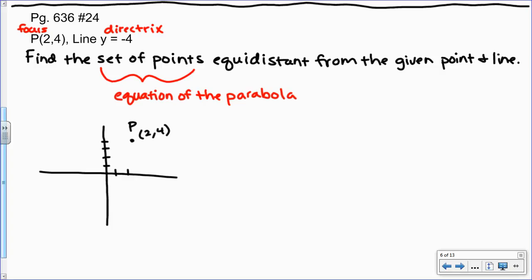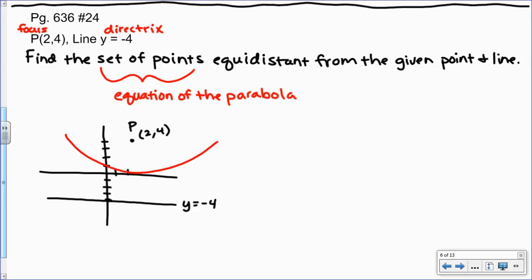Horizontal, so y equals -4, so that means -4 on the y. And that's a line. Okay, so your parabola would be something that looks like this.